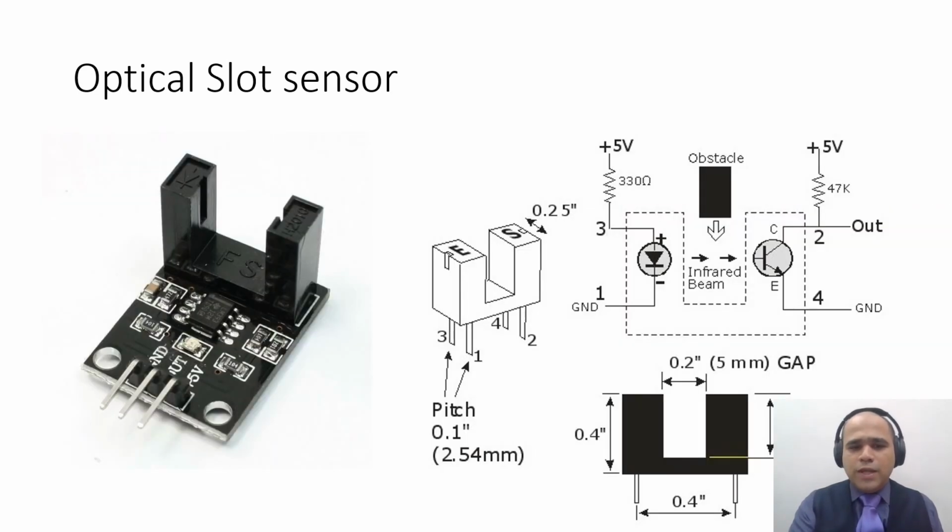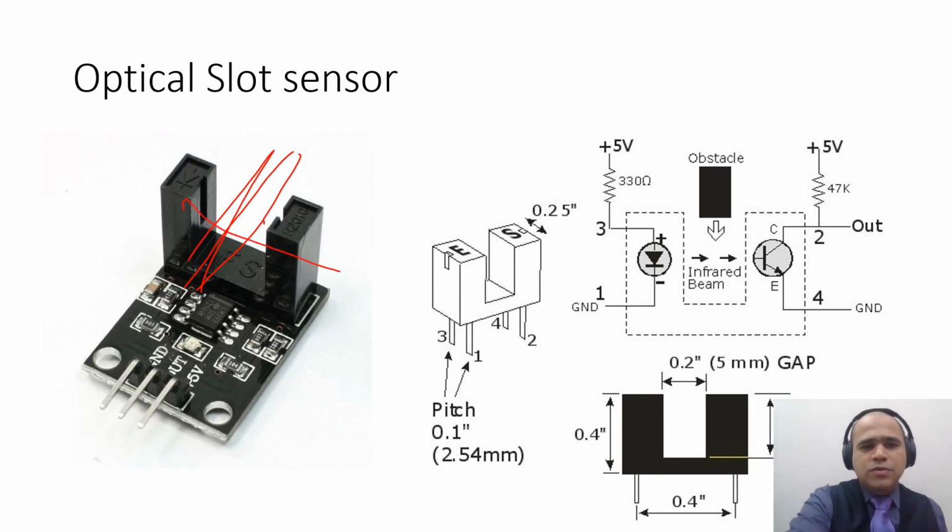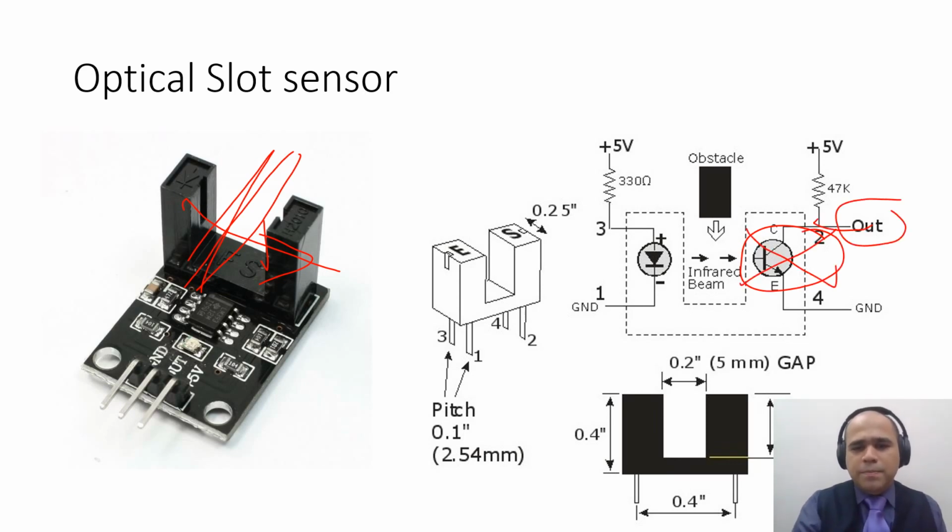So when a disk passes through this region, what happens? Light gets cut, and because of that, there is no radiation from the transmitting LED to the receiving phototransistor, and that's why the signal around this phototransistor goes high. So this becomes off, and the output signal goes high.